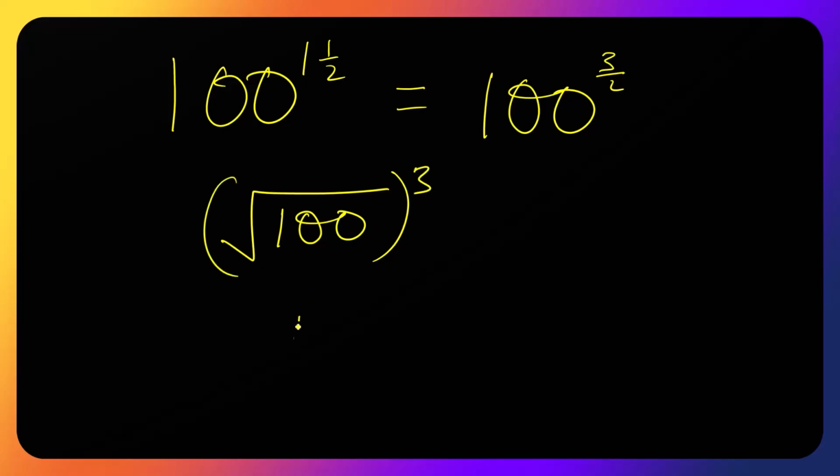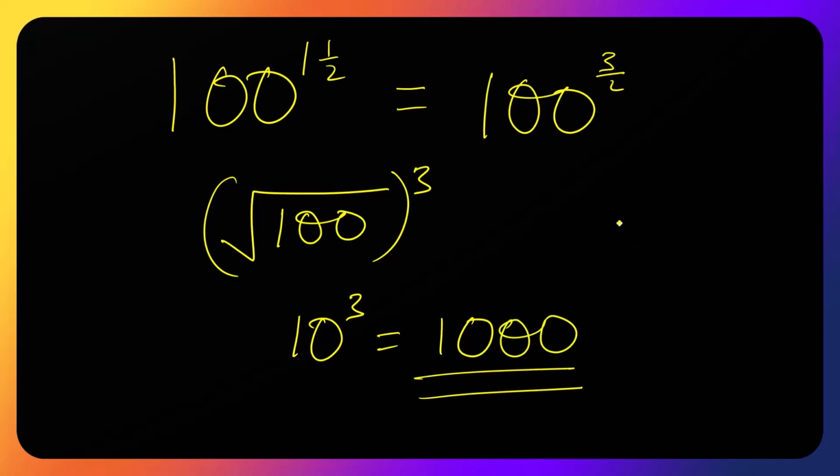The square root of 100 is 10, and 10 times 10 times 10 will be 1000.